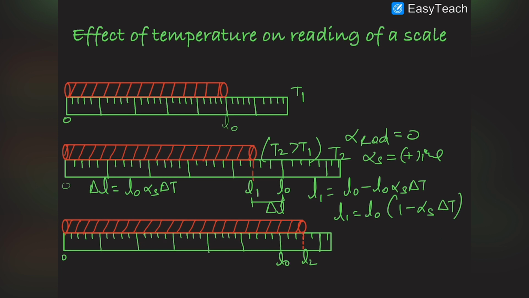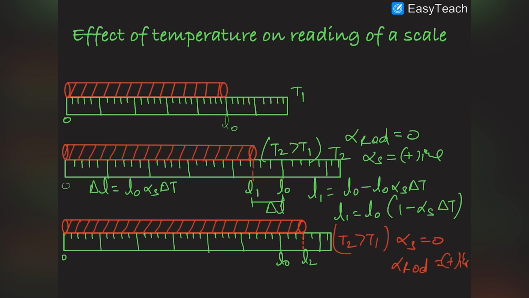Okay, now let us consider the third case in which temperature is increased obviously and alpha of scale is 0, which means scale is not expanding and alpha of rod is positive, which means that rod will expand.